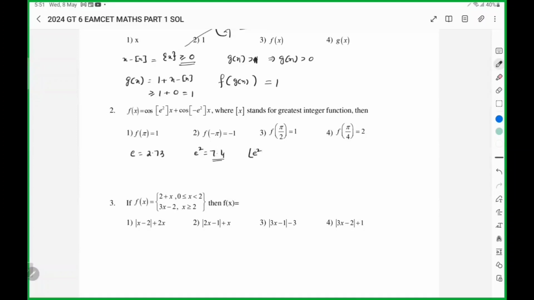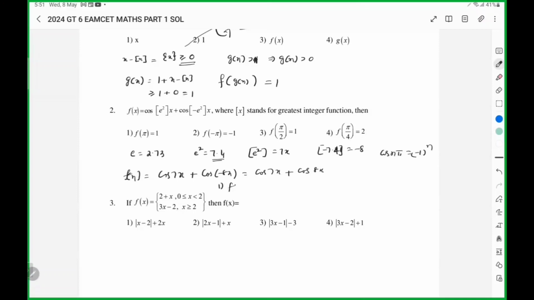So step of e square will be 7 and f of x will be cos 7x plus cos of step of minus 7 point something, which is equal to minus 8. So cos minus 8x is cos 8x, and cos n pi is minus 1 power n.